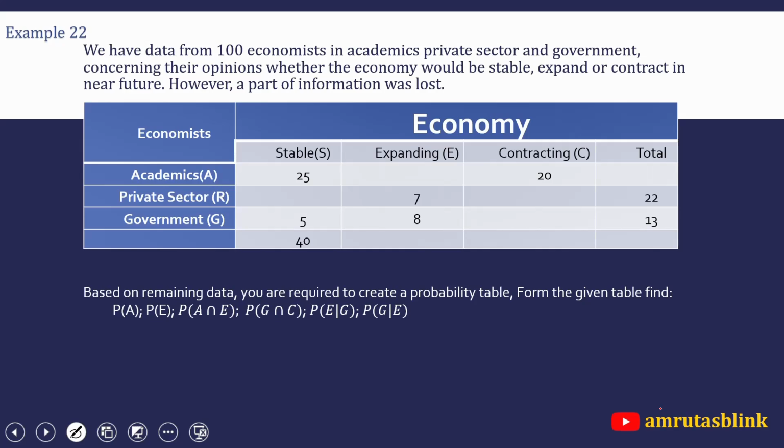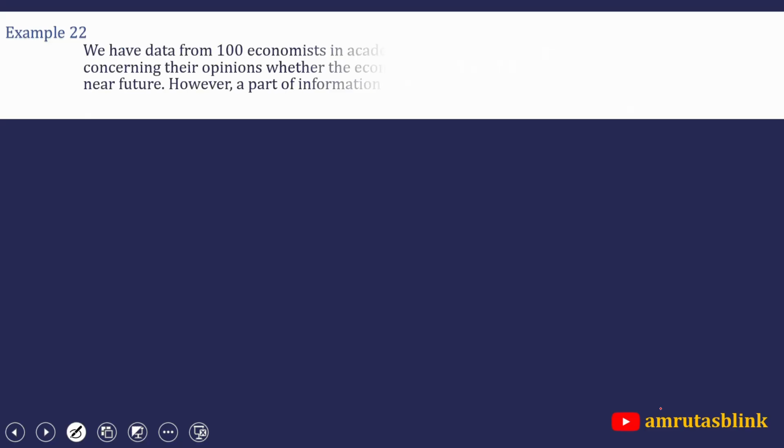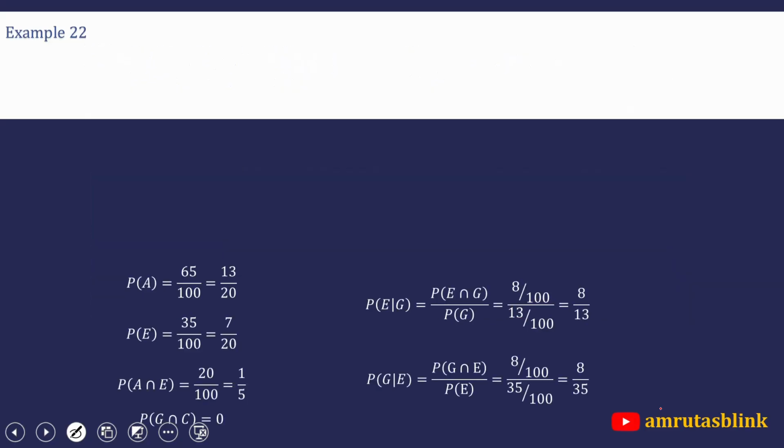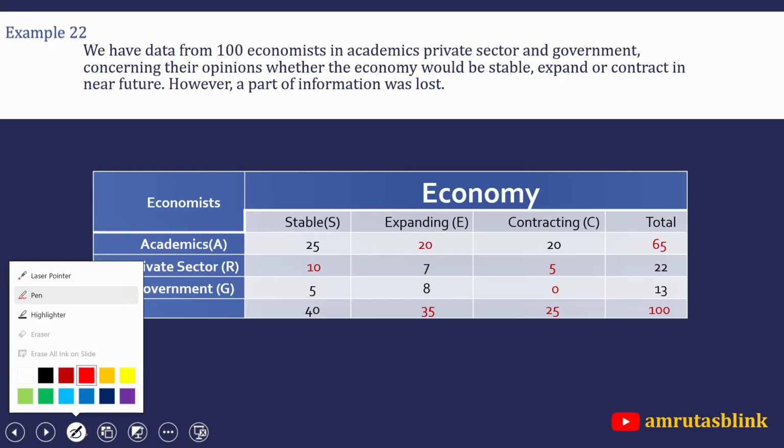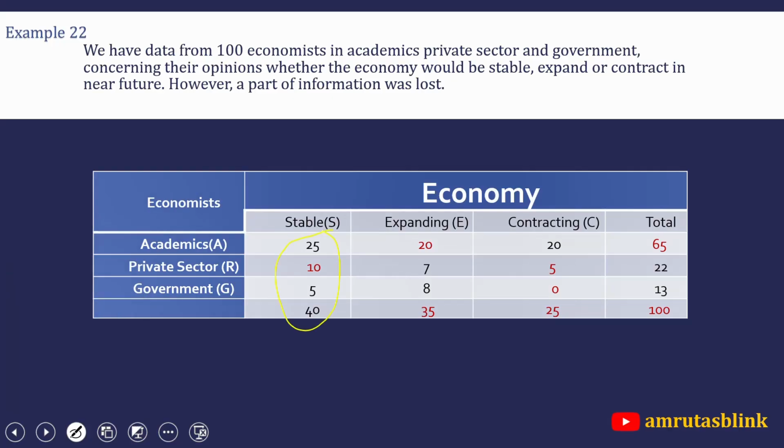So in this case, first of all, we have to complete this table. Let's see how we can do it. We can complete the table in a specific sequence. First of all, consider this particular row. Here 25 was given, 5 was given and total 40 was given. So 25 plus 5 is equal to 30, and 40 minus 30 is equal to 10.